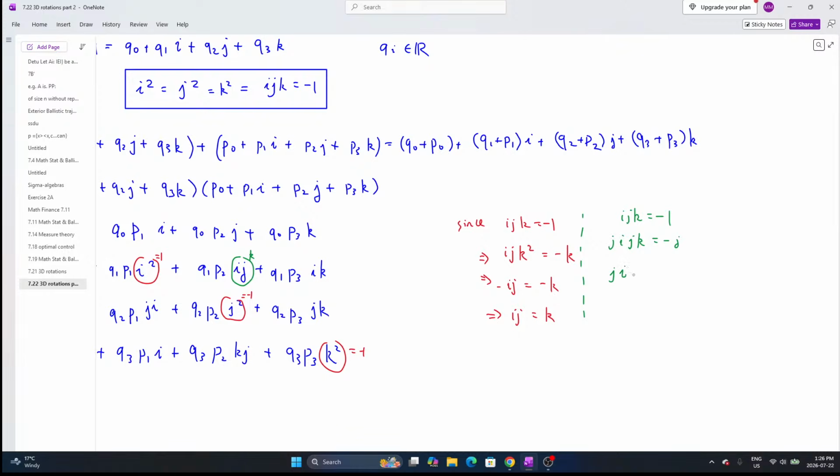So ji, jk squared is -jk. Okay, and k squared is -1. So you get j minus equals jk, so the minus sign cancels.